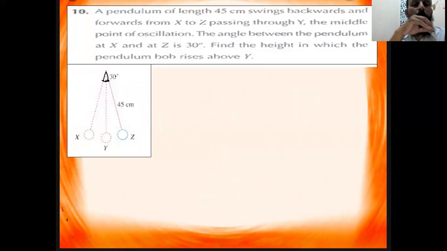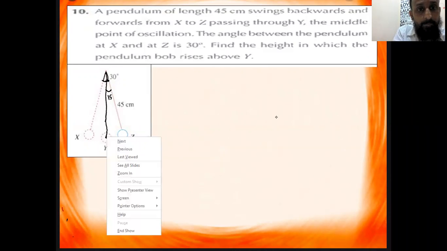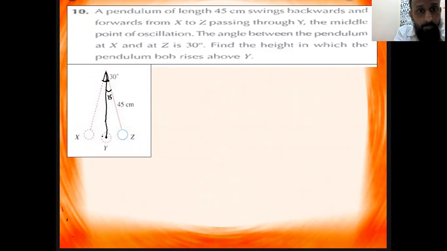So first of all, boys and girls, you can see that we need to have a right angle triangle. Now, in order to have a right angle triangle, we'll break up this 30-degree angle into two parts like this. So half of 30 degrees is 15 degrees. All right, now this is the center point, look at this.